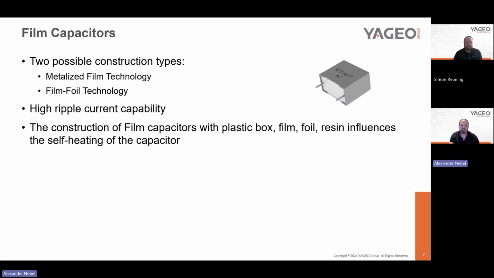Nevertheless, the level of ripple current capability depends also on the used film material. The construction of the film capacitor with plastic box, film, foil and resin also influences the self-heating of the capacitor, which can be a limitation of the technology.